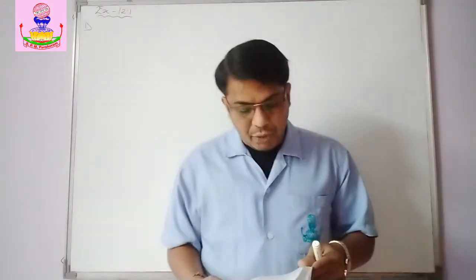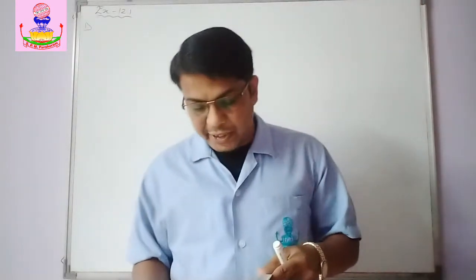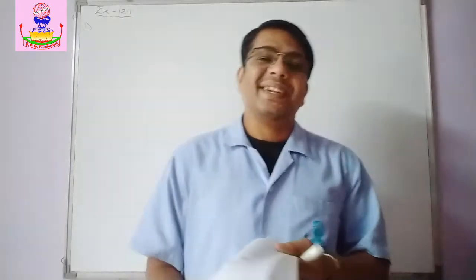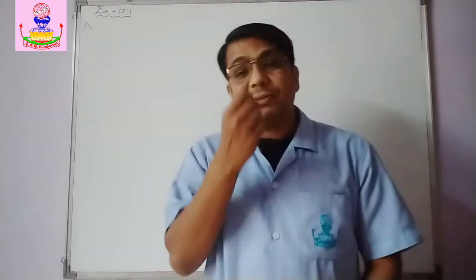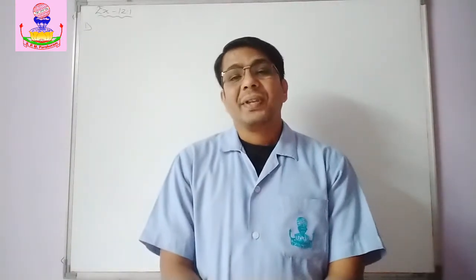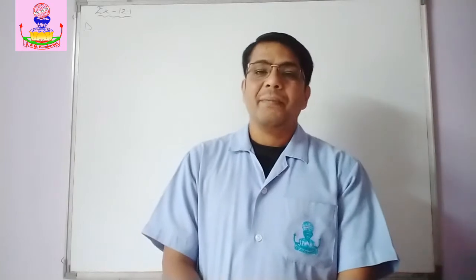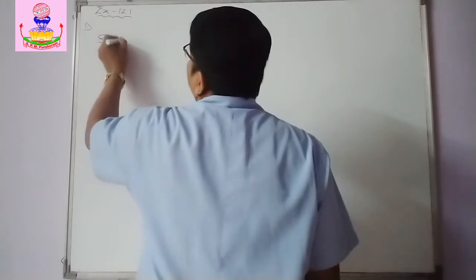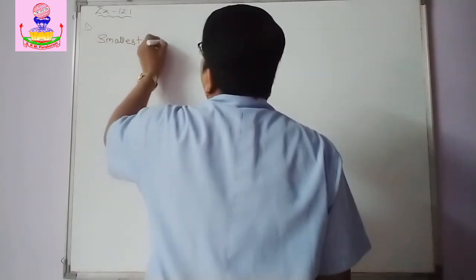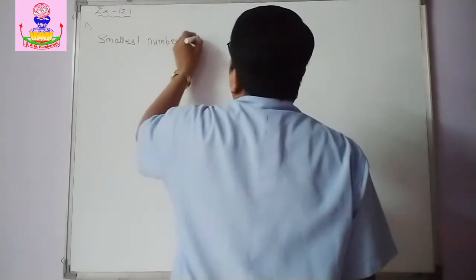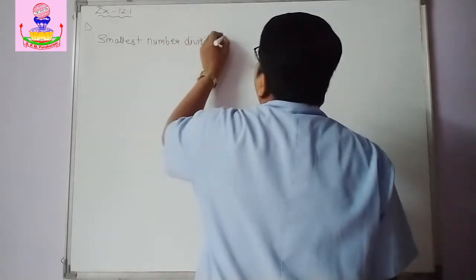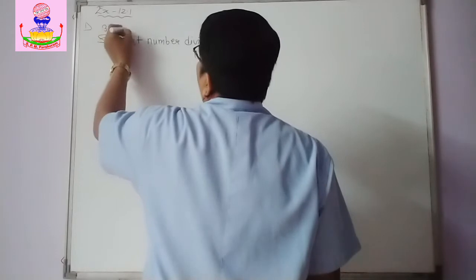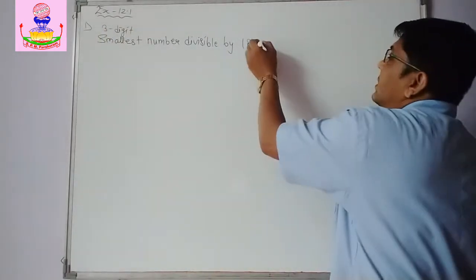Now see, first question. What is the average of the smallest and the greatest 3-digit numbers that are divisible by 18? So greatest as well as smallest. Smallest is easy to find. I know the table of 18. So the smallest 3-digit number divisible by 18.